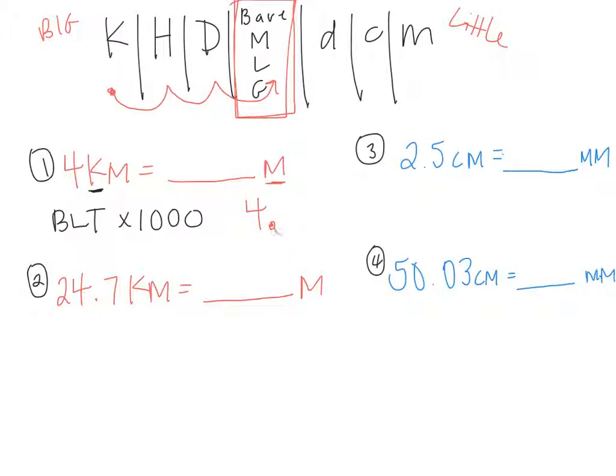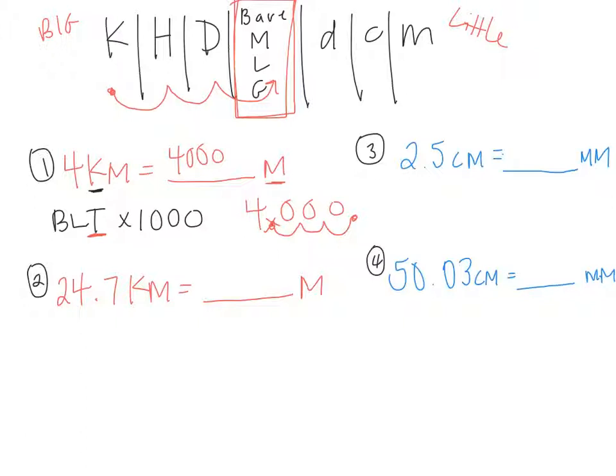I'm going to move right 1, 2, 3 places, mark out the old one, and put zeros in their place. So when I have 4 kilometers, that is the same as having 4,000 meters. And I can check myself by looking to see 4 turned into 4,000, and it got bigger, and that's because I was multiplying.